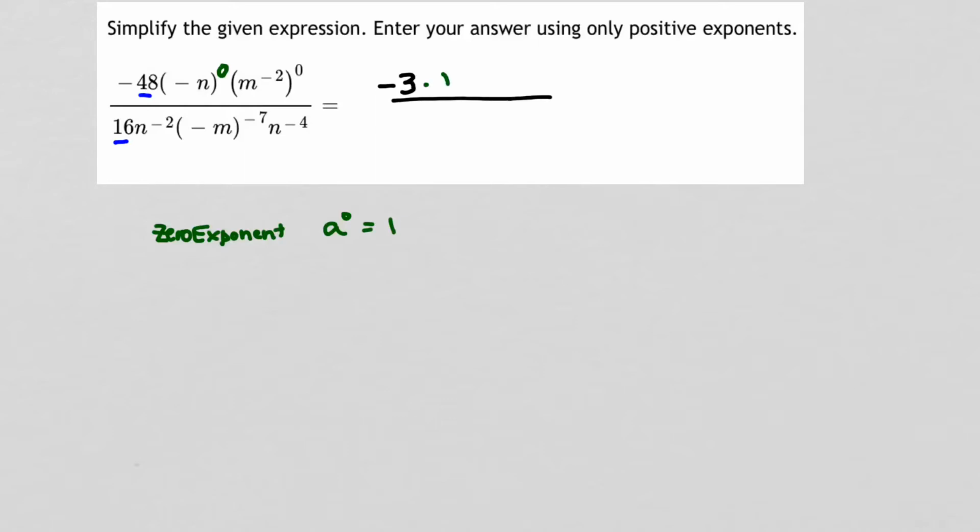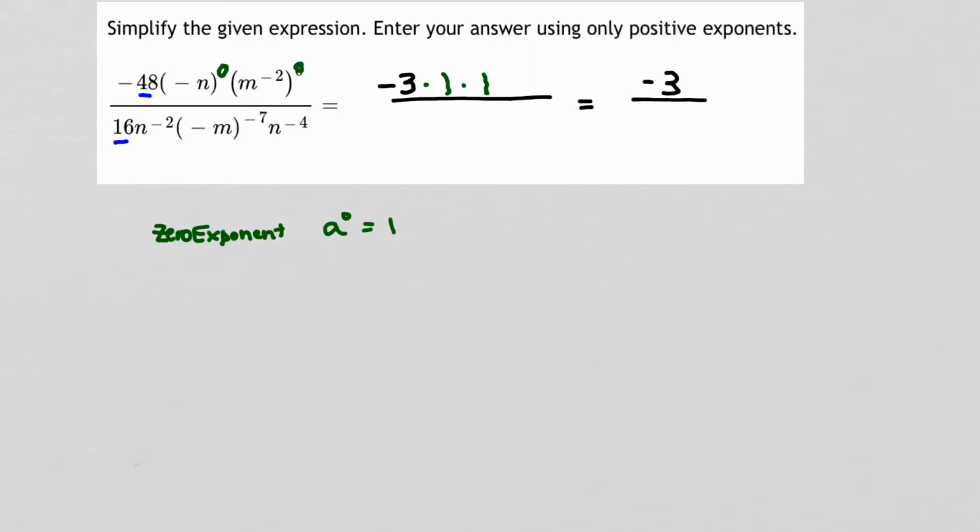So that's negative 3 times 1. And also, m to the negative 2 to the 0th power is also equal to 1, so I have another 1 in the numerator. So the numerator is just negative 3 times 1 times 1. In other words, the numerator is just negative 3.